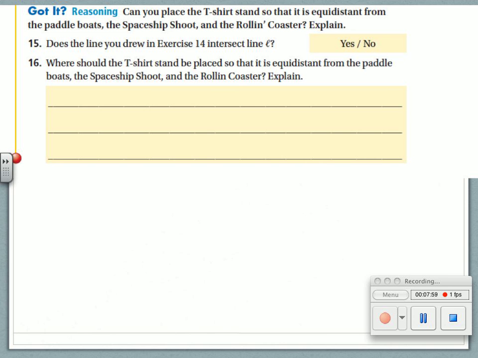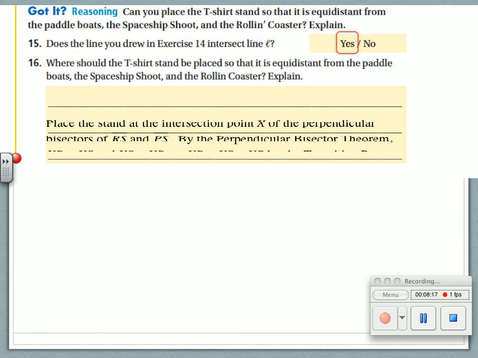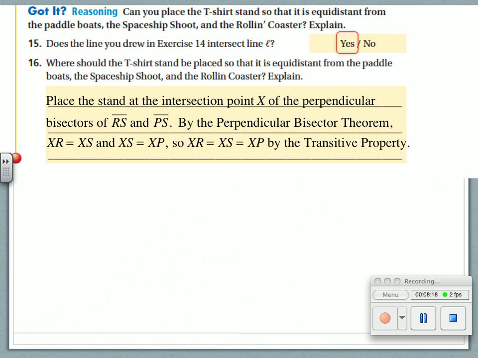Can you place a t-shirt stand so that it is equidistant from all three of these? And the answer is yes. The way we do that is where I marked that X, and you put an X on the previous drawing. That is the point equidistant between the paddle boats, the spaceship chute, and the roller coaster.